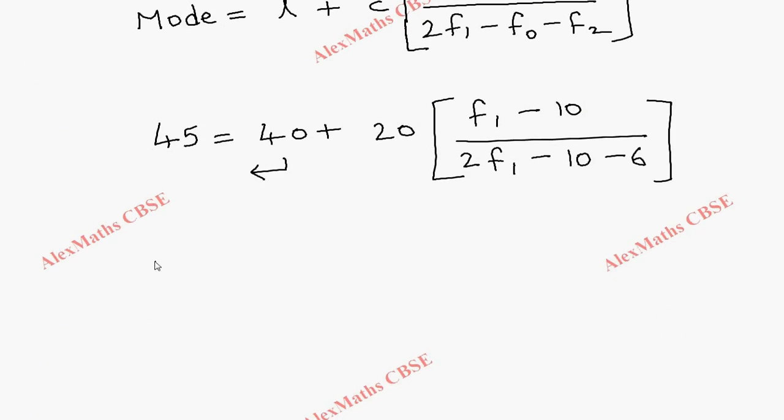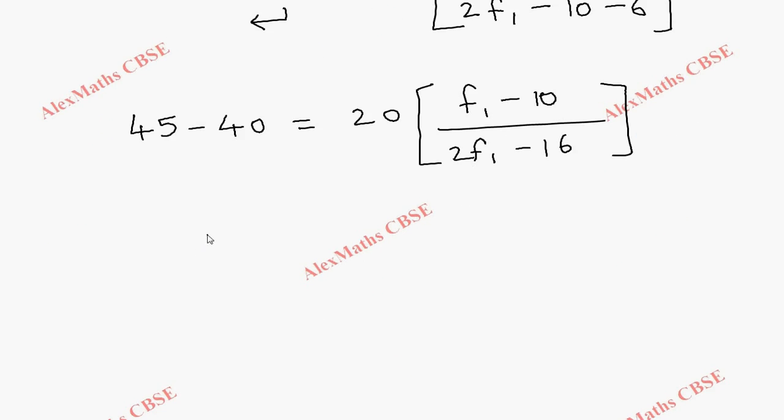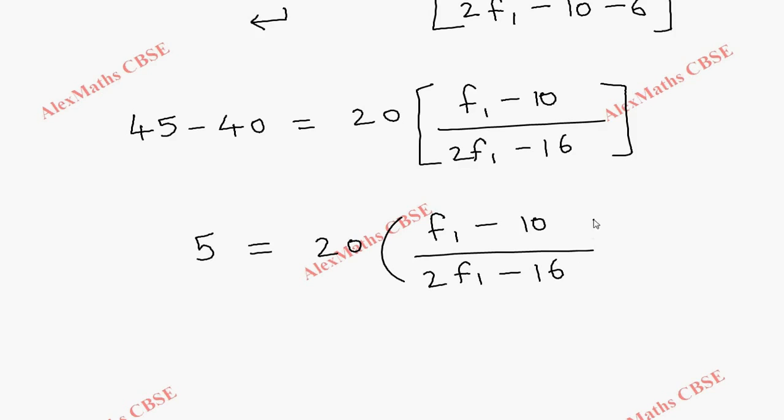Let's take the 40 to the other side. So 45 minus 40 equal to 20 into F1 minus 10 whole divided by 2F1 minus 16. Now let's subtract this. This is 5 equal to 20 into F1 minus 10 whole divided by 2 into F1 minus 16.